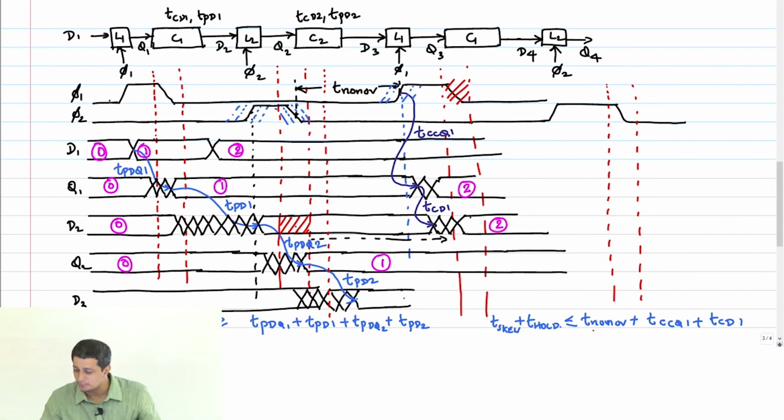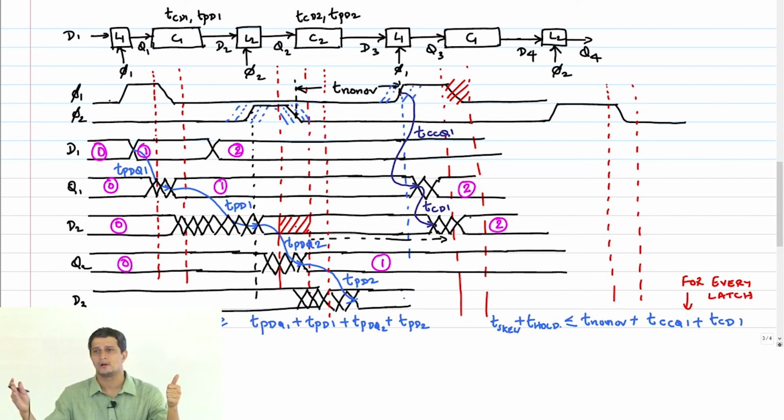So this min delay condition has to hold for every latch. How many constraints do we have in a latch based system? One max delay and two min delay constraints, one for each latch. In a flop based system, how many constraints did we have? One max delay, one min delay.